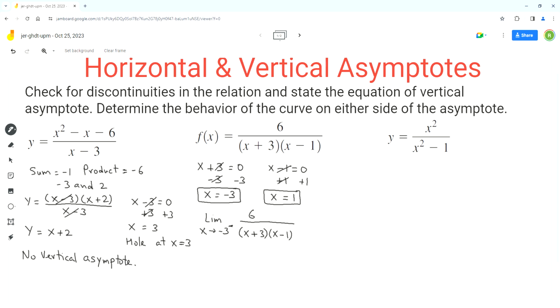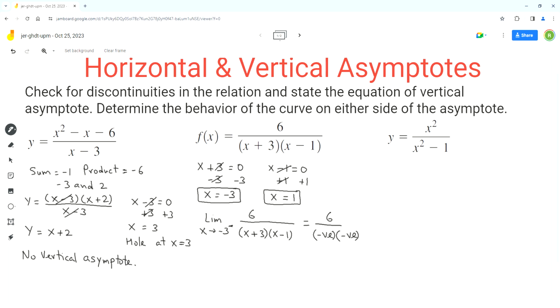So if we sub in x as negative 3.1, the numerator will always be positive because it's just a positive number. Now in the denominator, x plus 3 will become negative, because negative 3.1 plus 3 will be a negative value, times x minus 1, which will also become negative because negative 3.1 minus 1 will give us a negative value.